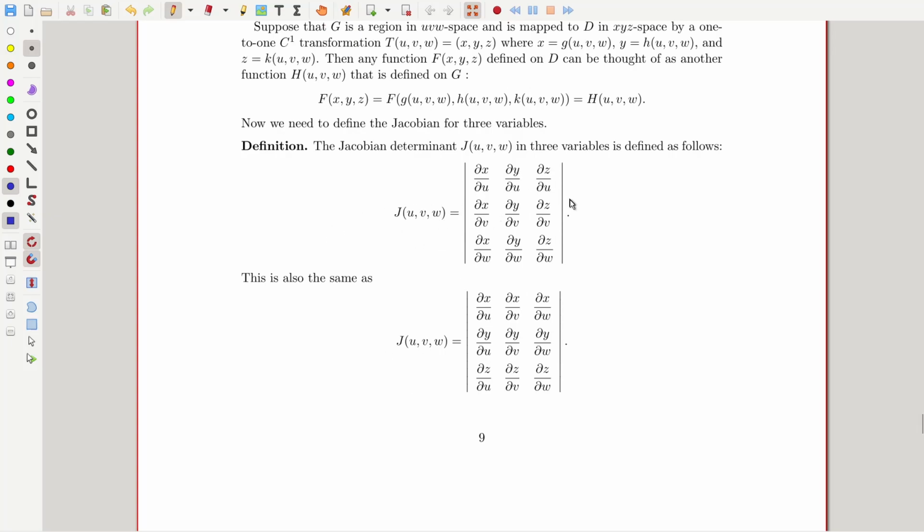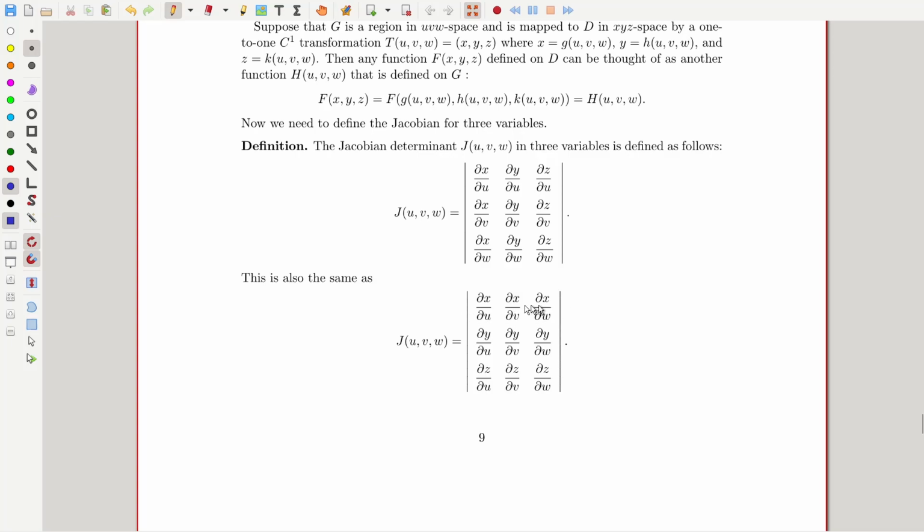So you can see that I've written one of these is the transpose of the other. So in this one we have along the rows the derivative that we're taking, like the u derivative, the v derivative, the w derivative, are the same along the rows. Whereas in this one we have the transpose of it, where that happens along the columns, whereas along the rows we're taking the derivative of the same function.